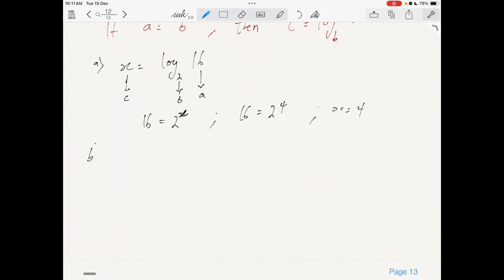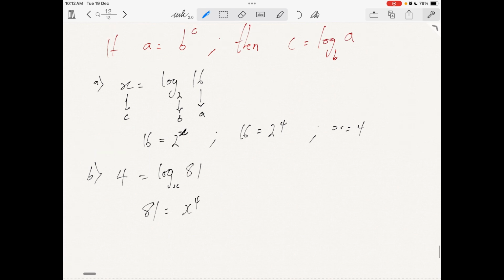Now we can also have, given 4 is equal to log 81 to base x, that means we are saying 81 is equal to x raised to power 4, because according to this law here, if a is equal to b raised to power c, then c will be equal to log a to base b.